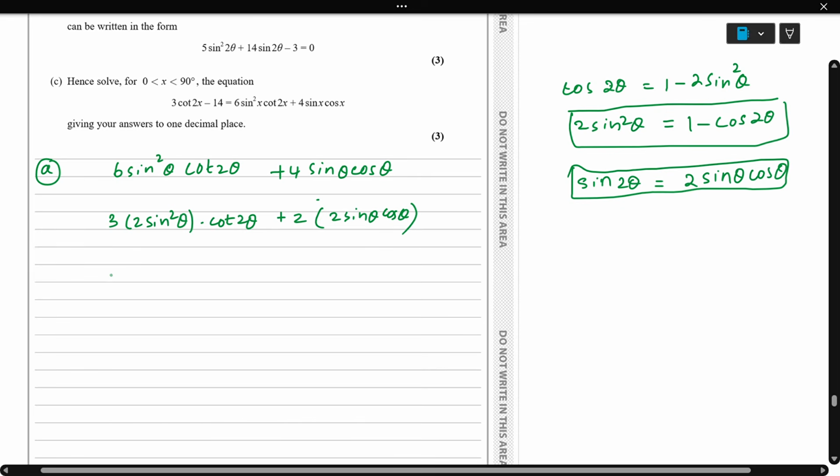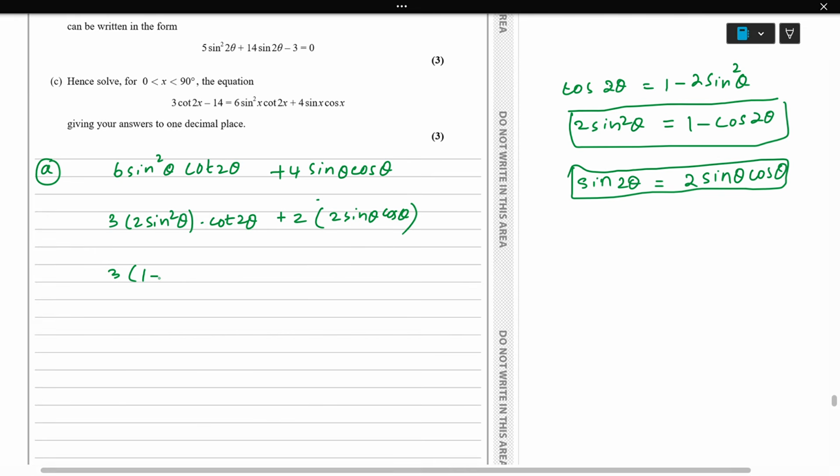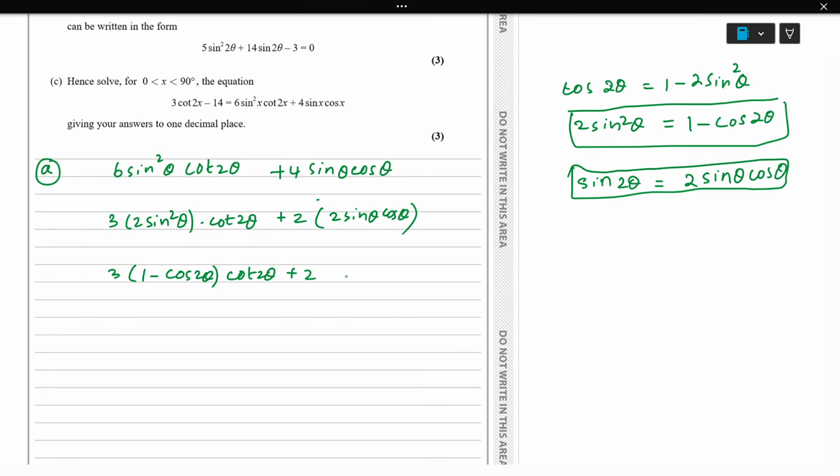So 3 into 1 minus cos 2 theta into cot 2 theta plus 2 into sin 2 theta. But we need to write everything in sin 2 theta and cos 2 theta.